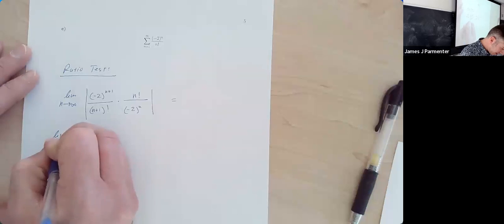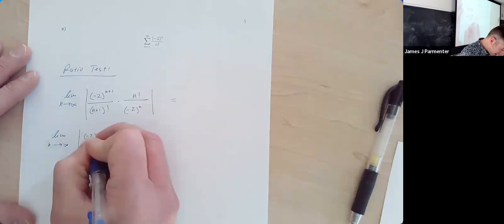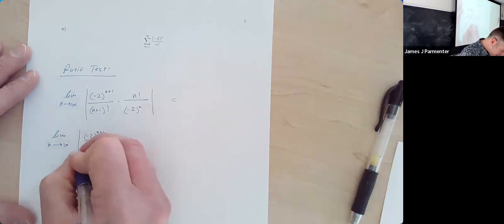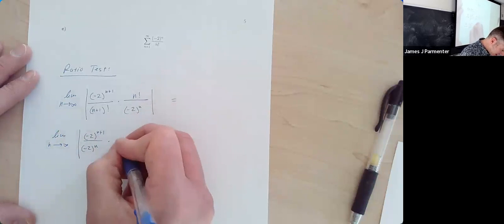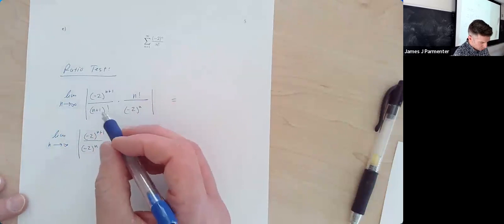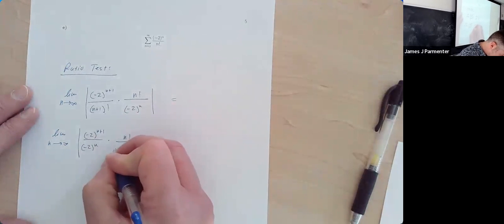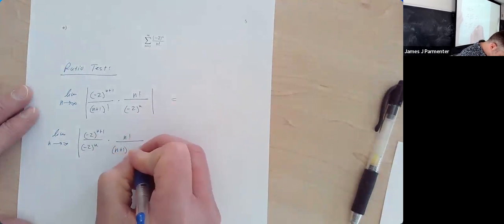So we rewrite this as the limit as n goes to infinity of the absolute value of negative 2 to the n plus 1 over negative 2 to the n, times n factorial over n plus 1 factorial. I recommend at this stage rewriting n plus 1 factorial as n plus 1 times n factorial.